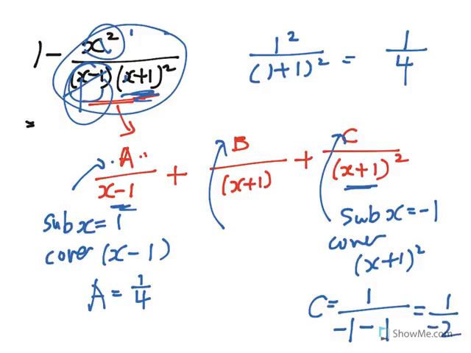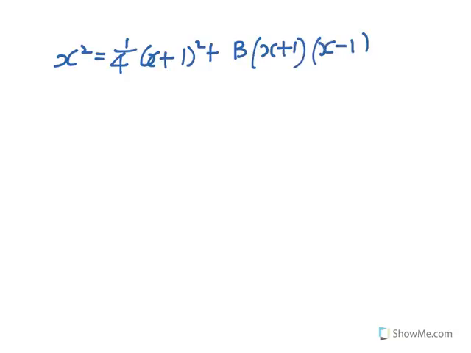Now if you write out the equation, x equals 1 over 4 times x plus 1 squared, plus b times x plus 1 times x minus 1, plus, because c is negative half, negative half times x minus 1. Comparing coefficients, you have 1/4 plus b equals 1, so b equals 3 over 4.